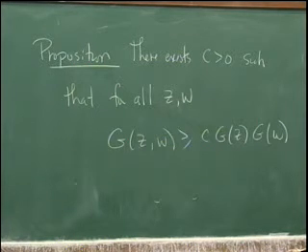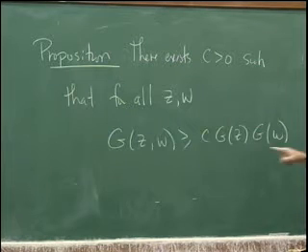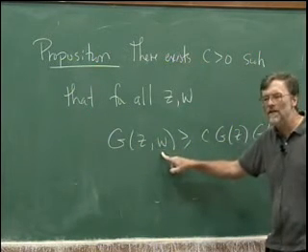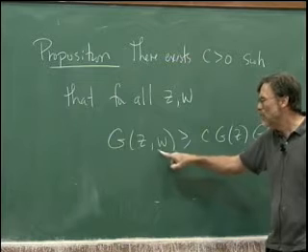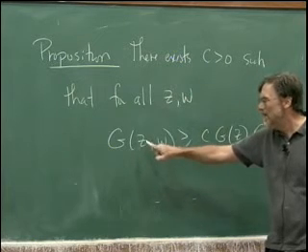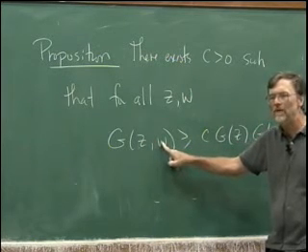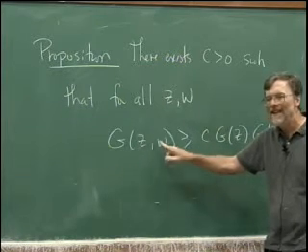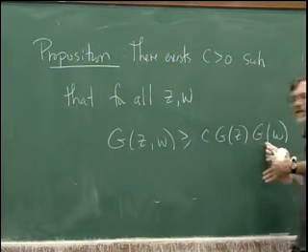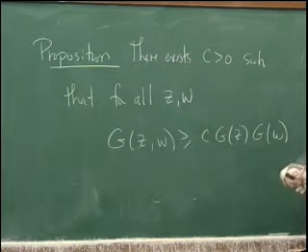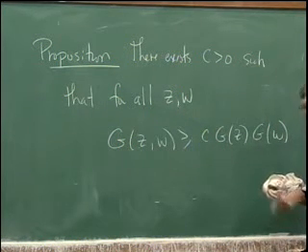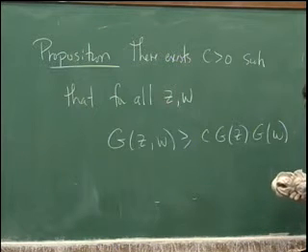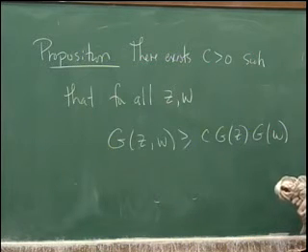If you remember, this two-point Green's function is really a sum of two things: go through z then go through w, and go through w then go through z. It's not true that each of those two parts satisfies this. If w is very far and z is very close, the chance of going to w and then coming back to z is very small.